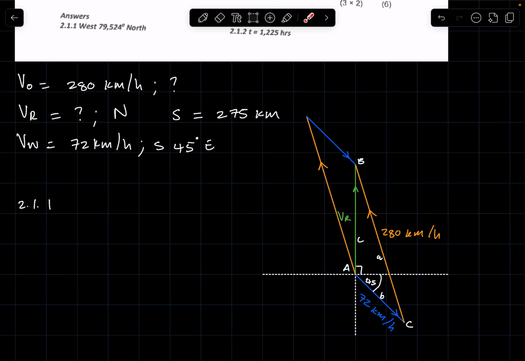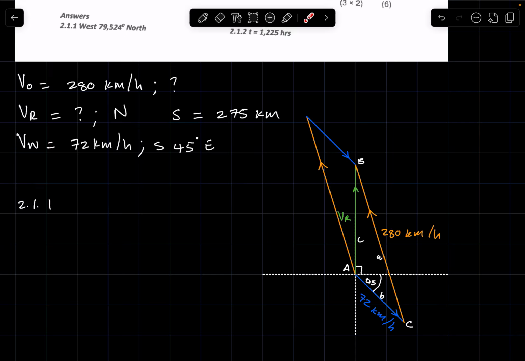Meaning, if this is our starting point, and our destination is this point, which is directly north, if we simply take off and try to fly directly north, the wind vector is going to push us in that direction. That is why the pilot has to counteract the wind and fly in this direction, knowing very well that the wind vector is going to push the plane back to course.